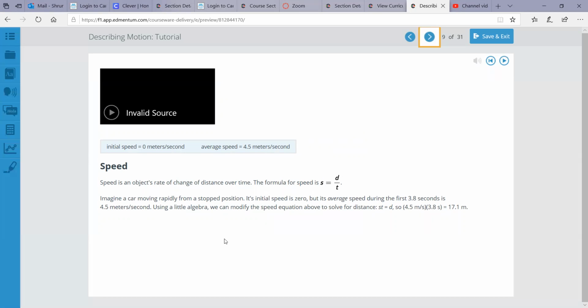Initially, the speed is 0, but its average speed during the first 3.8 seconds is 4.5 meters per second. So with a little algebra, you can modify the speed equation to solve for distance. Speed multiplied by time equals distance.